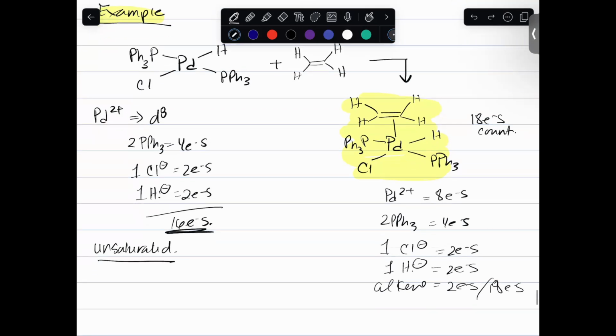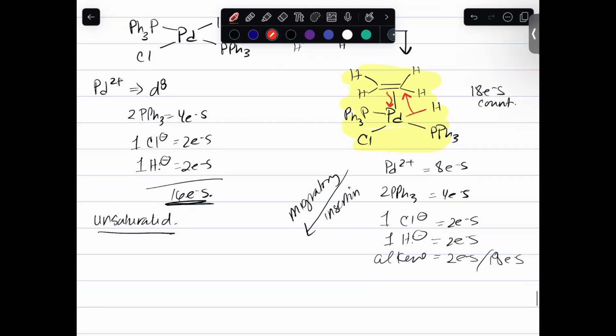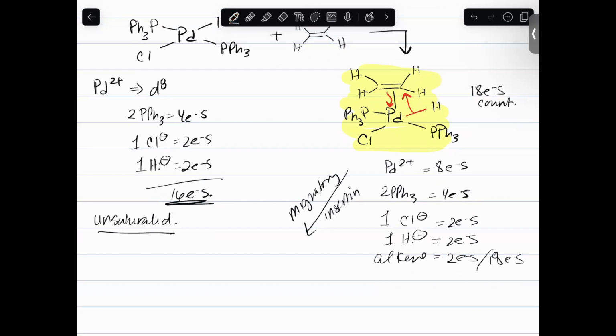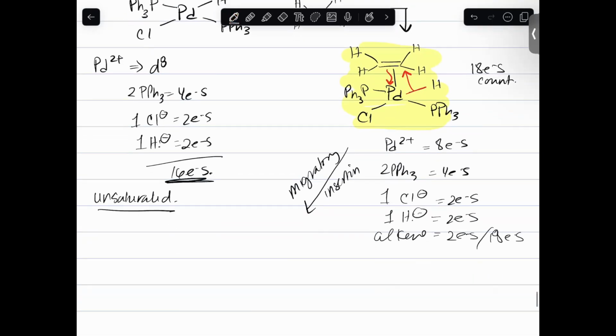And just like before, I'll do the same thing. It does a migratory insertion. I'll draw my arrows in red so you can see the migratory insertion. Remember, nucleophile adds to carbon. Carbon can't have 5 bonds. Electrons go towards the palladium to form a bond, and what you get is the following.